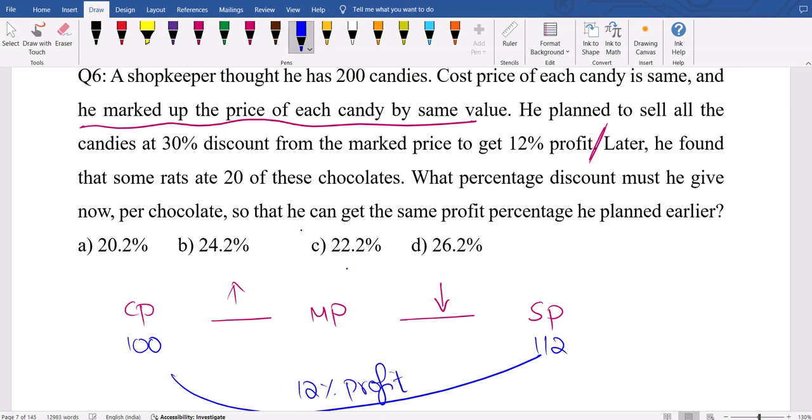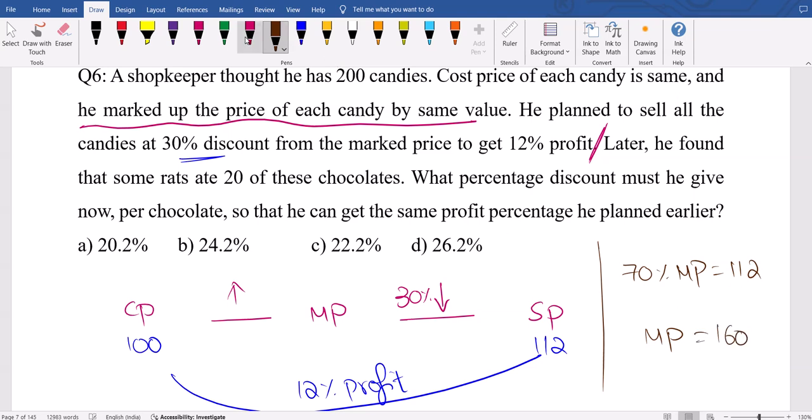And this is after giving 30% discount. So here is a 30% decrease. We can write 70% of marked price equals 112. So marked price will be 160, since 112 divided by 70 over 100, cancelling all, we get the marked price as 160.